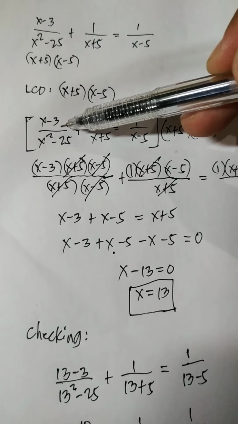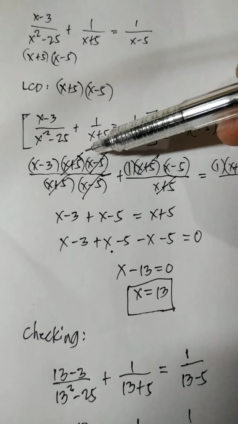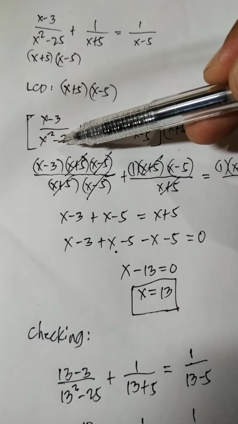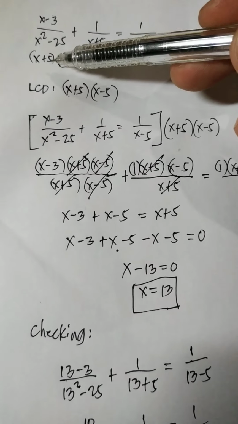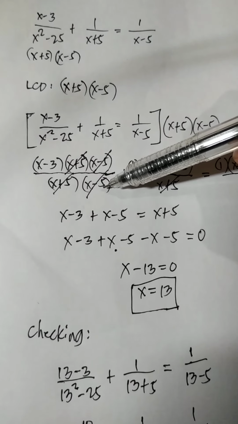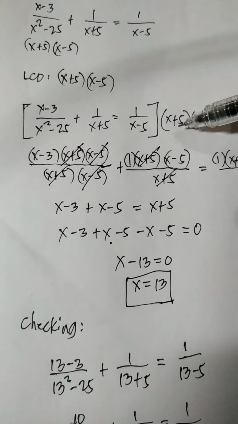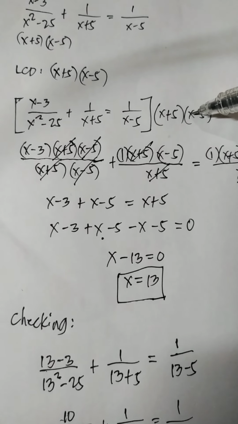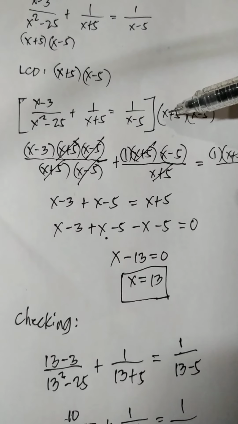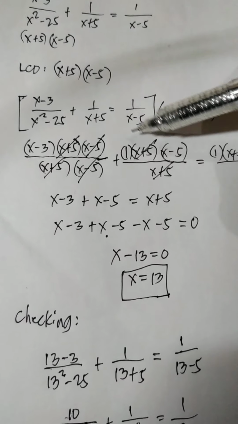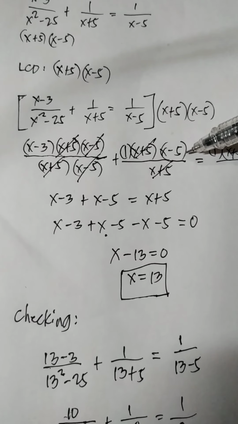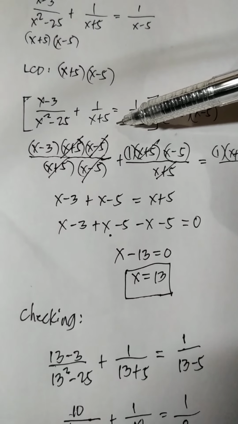This becomes x minus 3 times x plus 5 times x minus 5, divided by the factor of x squared minus 25, which is x plus 5 times x minus 5. The next term, we multiply the LCD to the expression: x plus 5 times x minus 5 times 1, divided by x plus 5.